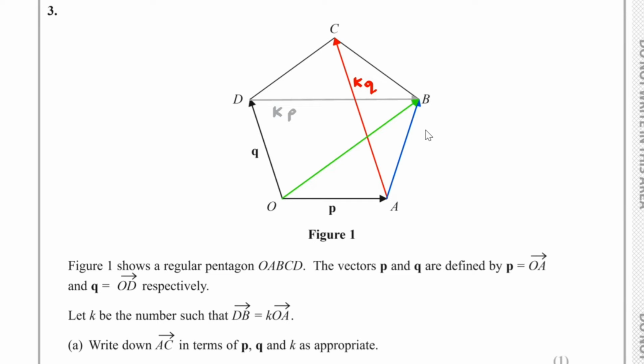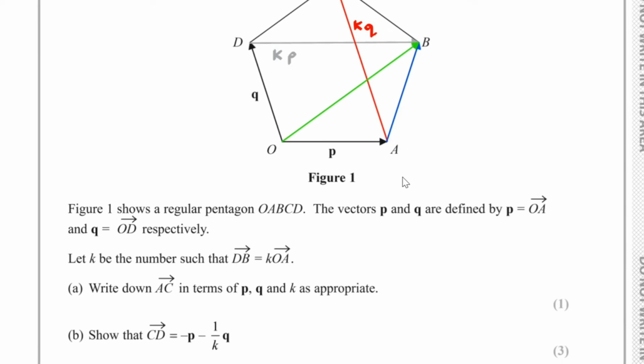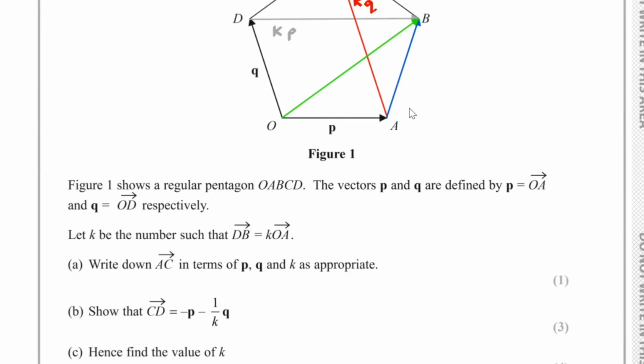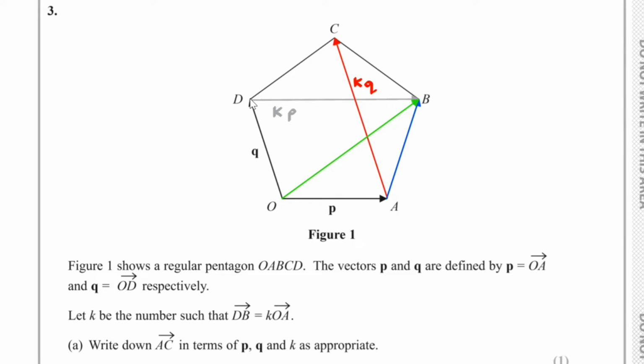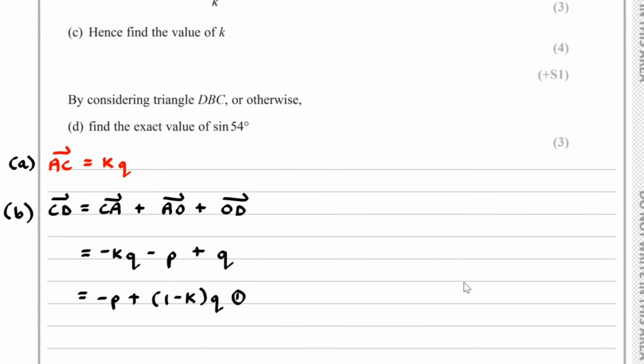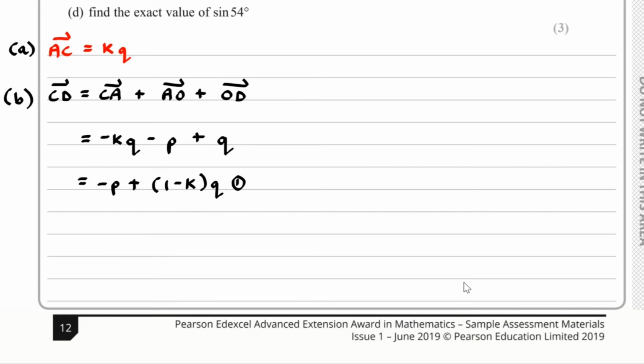So let's find out the vector AB. We are starting at A, we are finishing at B. So we could go A to O, O to D, and D to B. And so we have the vector AB equaling AO plus OD plus DB.